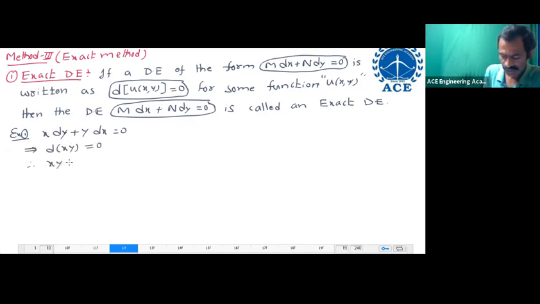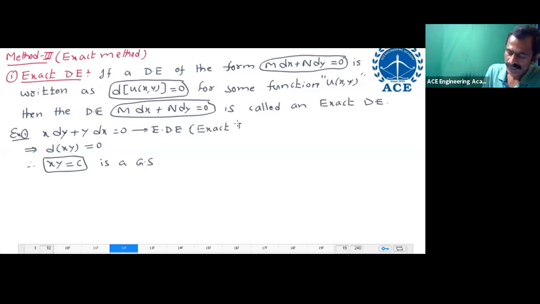Therefore, xy equal to c is a general solution, and this is the exact differential equation. Exact differential equation short form is EDE.